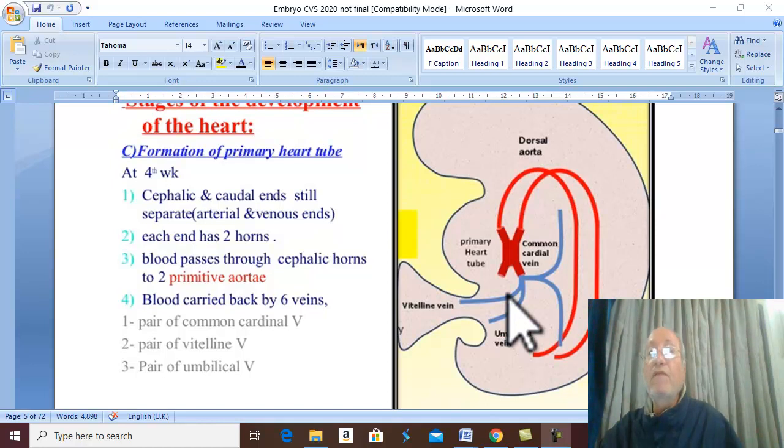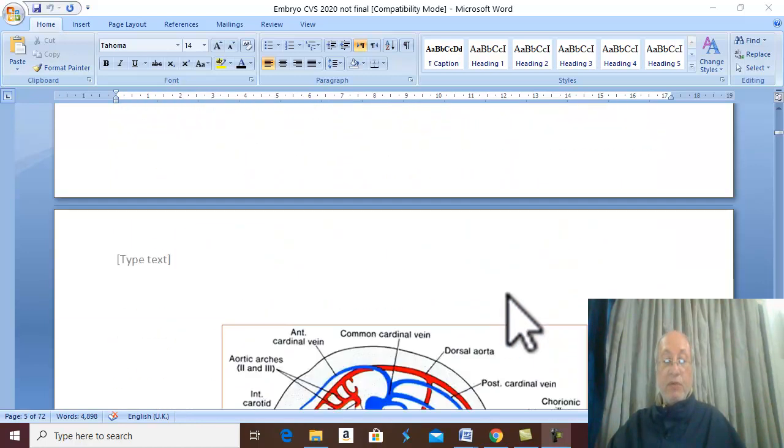This is the formation of the single primary heart tube, and the incoming and the outgoing blood. This picture is very beautiful.